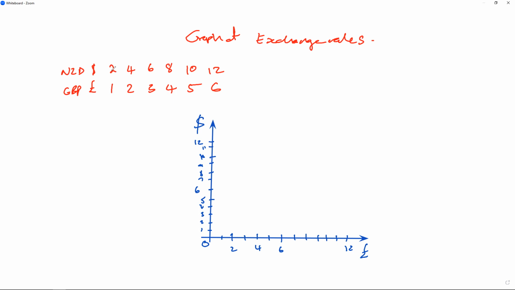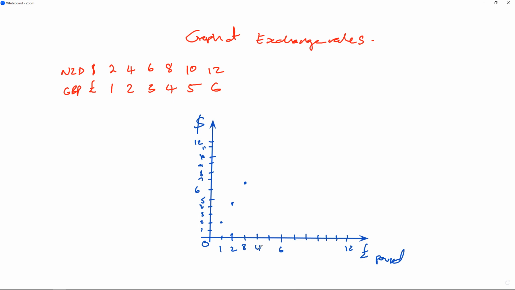What you'll notice is that if you have 1 British pound, which is going to be at the bottom here, around there, you're going to have 2 New Zealand dollars. So you can put a dot over there. You have 2, you end up at 4. If you have 3, you end up at 6.